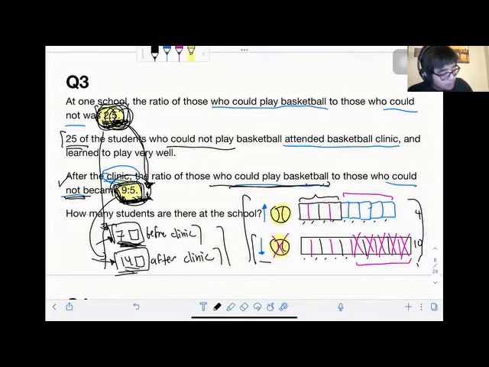So ma'am, kung alam na po natin na 5 boxes yung umakyat at 25 students yung umakyat, ano po yung masasabi natin? Kahit paki-chat na lang po.